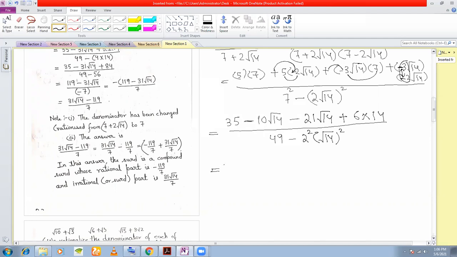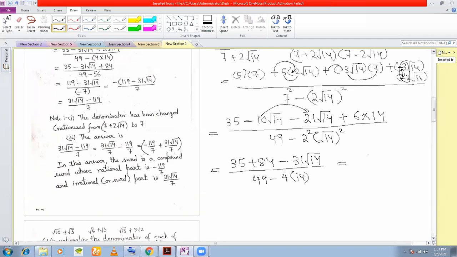Okay, so this is 35. And how much is 14 into 6? It is 84, I think, right? Yes, so 84. You take these together, and you have minus 10 root 14 and minus 21 root 14. These two will combine to give you a minus 31 root 14. Right? No confusion here. Minus 31 root 14 divided by 49 minus 2 square is 4, and root 14 square is 14.